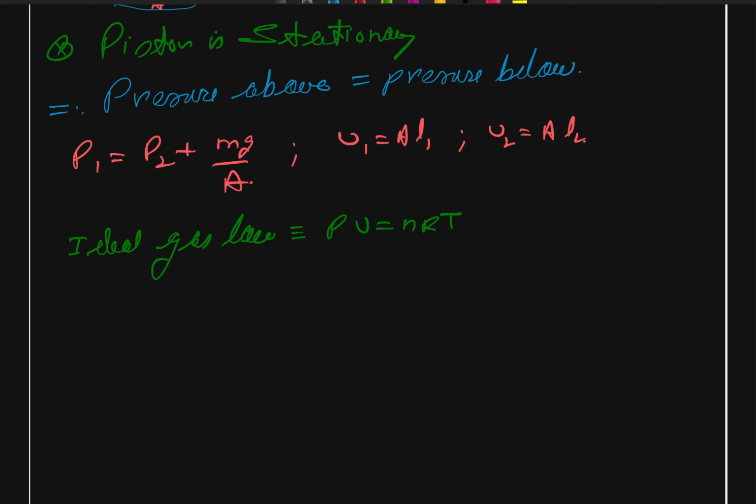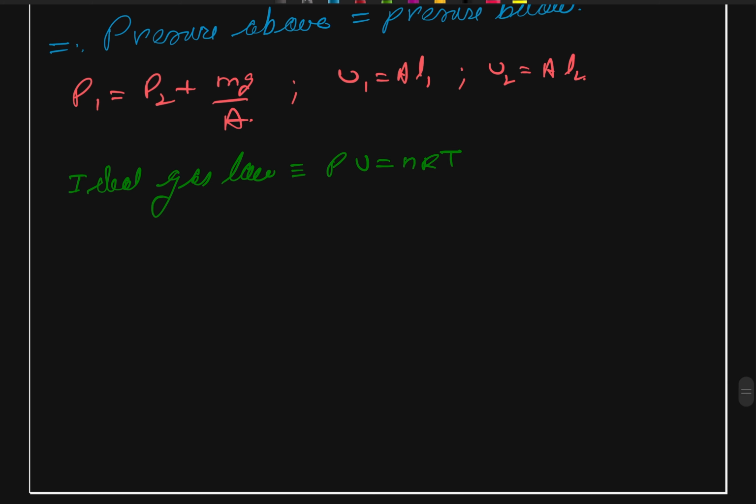We have two separate containers, so P1 V1 is equal to nRT and P2 V2 is also equal to nRT.